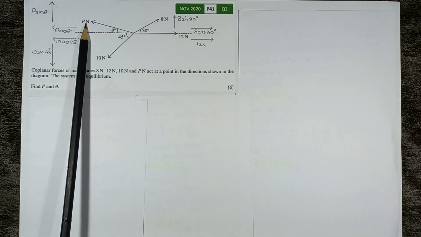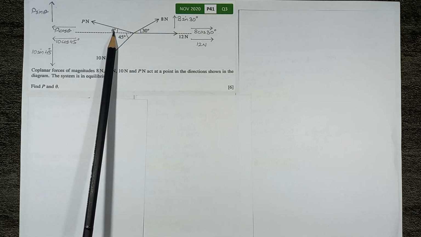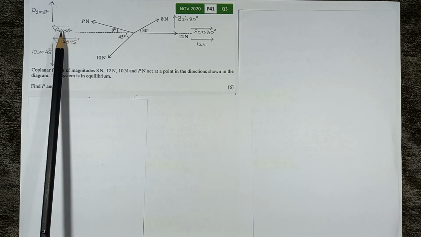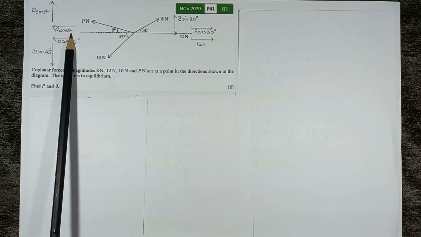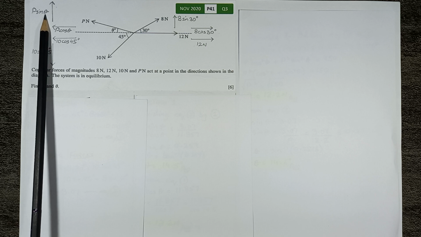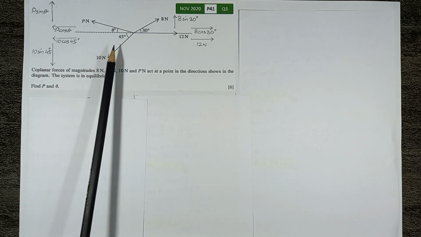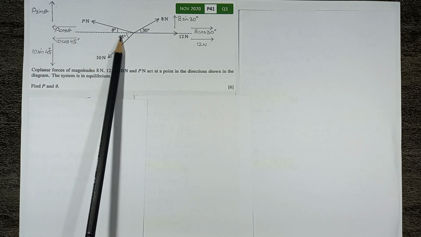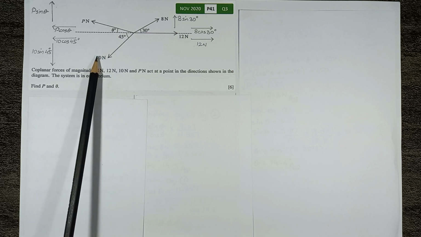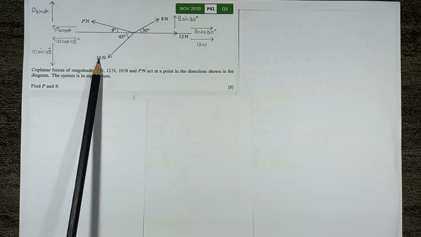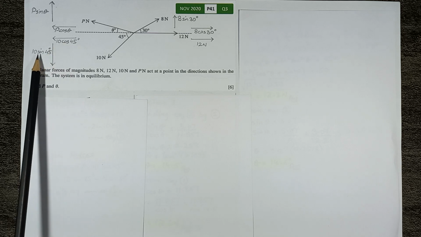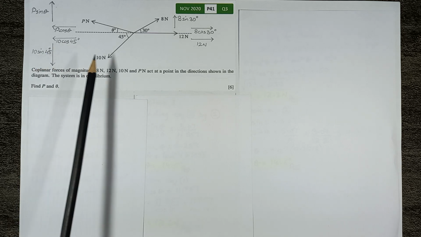For this P Newton with an angle of theta with the x-axis, the horizontal component would be P cos theta and the vertical would be P sin theta. And for this 10 Newton making an angle of 45 degree with the x-axis, the horizontal component would be 10 cos 45 and the vertical would be 10 sin 45.